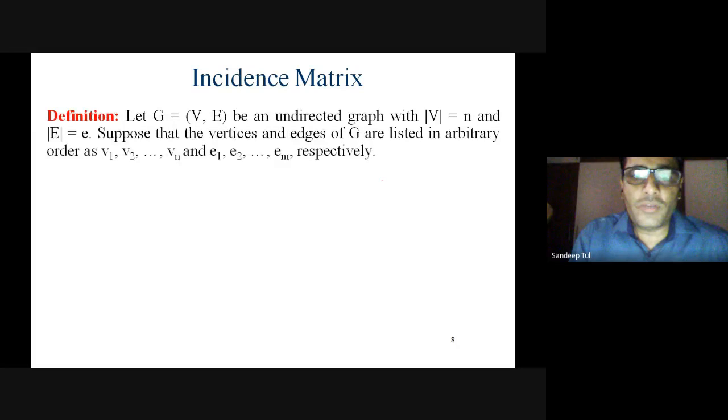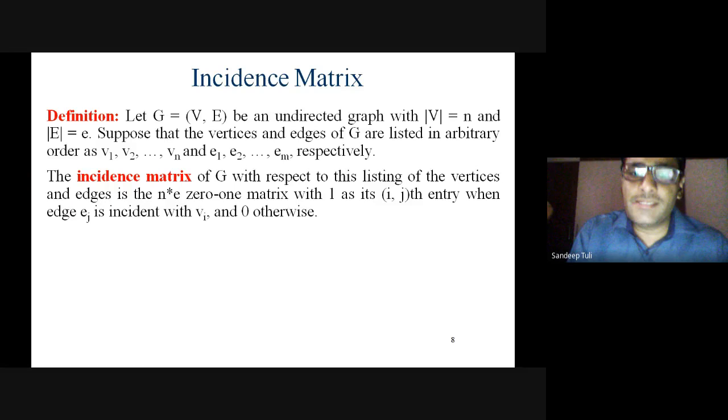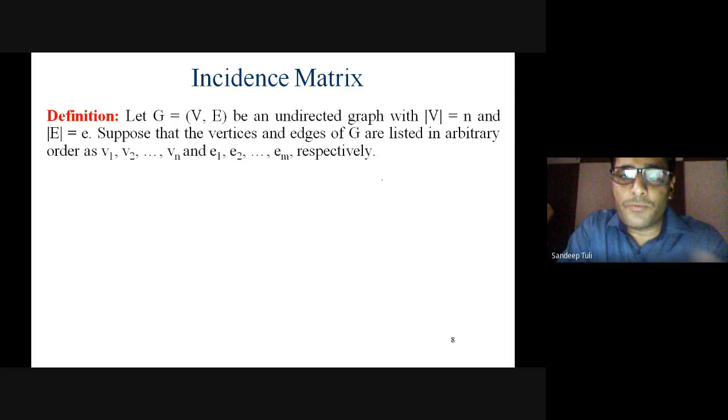So the incidence matrix will be the relationship between vertices and edges, and that is why we define the incidence matrix of G with respect to the listing above. Let me first read the first statement. Let G be an undirected graph, and the cardinality of V is n.